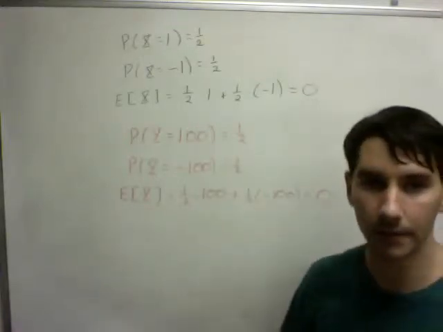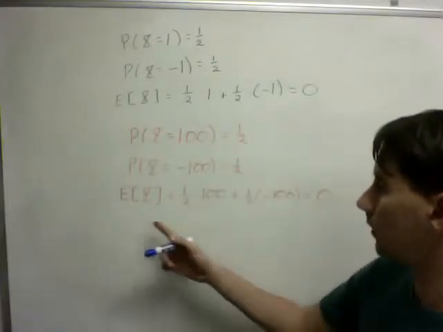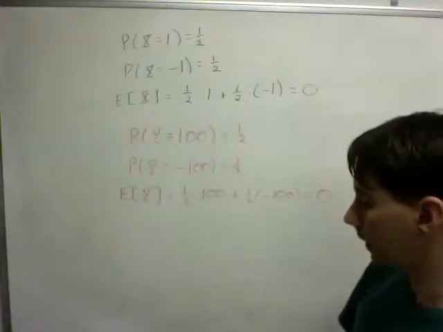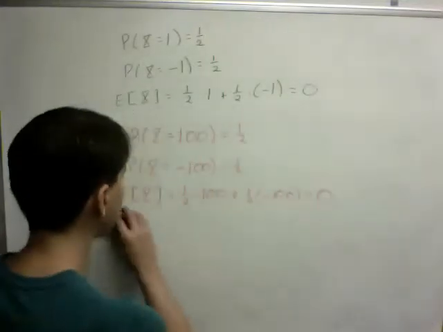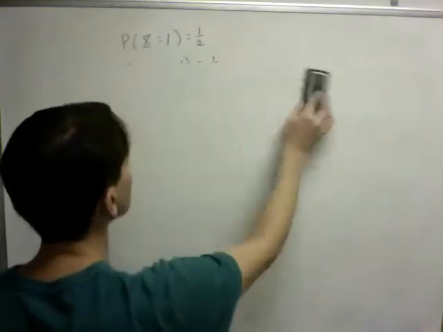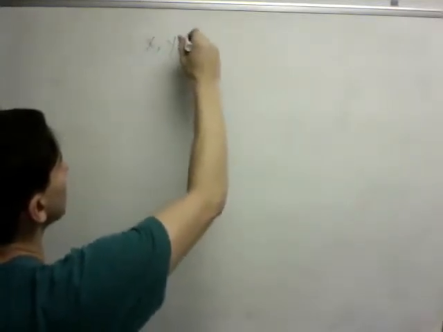So maybe we want to know how far away a random variable will tend to be from its expectation. For that, let me give a little motivation. Let's think back to the real number line. Suppose x and y are two real numbers.